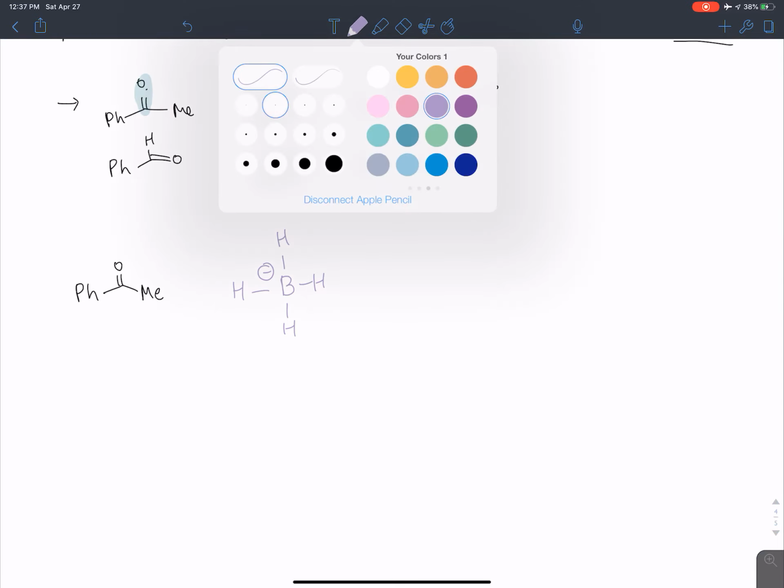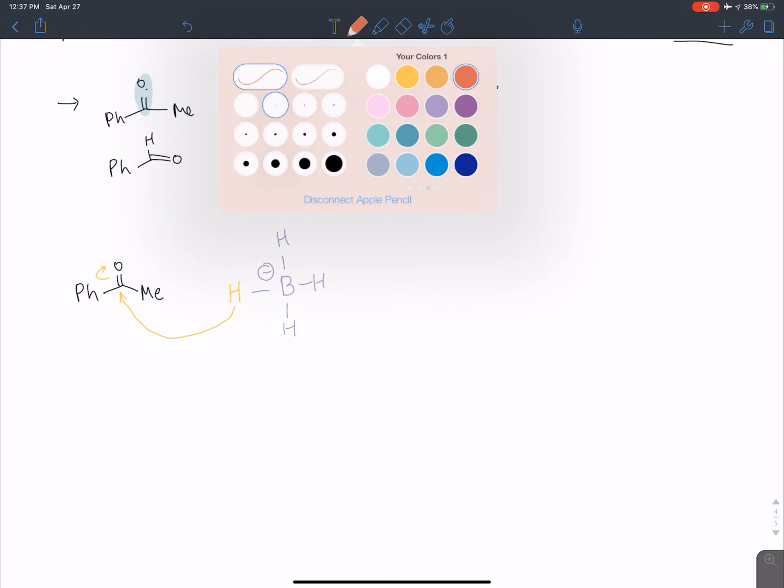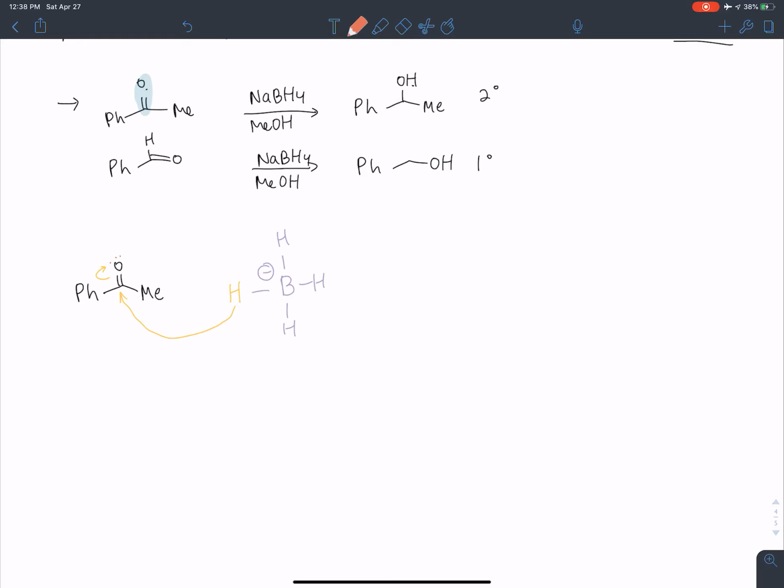Okay, so first thing I'm going to do is let me color code my hydrogen. So I'm going to take this hydrogen right here, the one in yellow, and it's going to attack this pi bond here. Okay, and at the same time, what happens in orange is that once you form your lone pairs, it's going to attack boron.